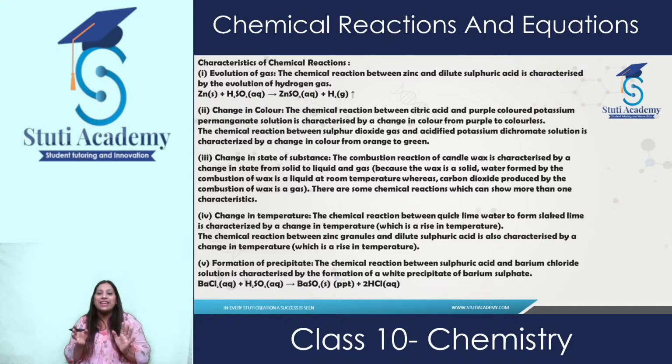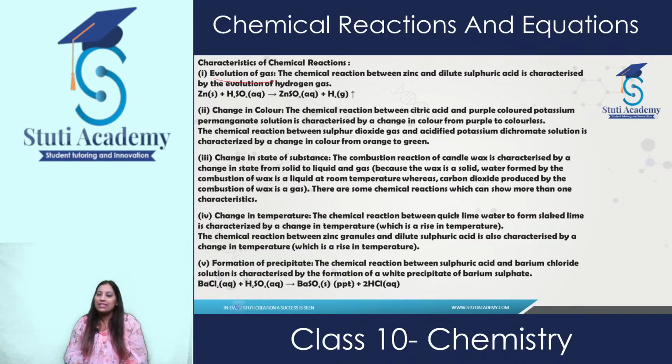Now, when a chemical reaction takes place, we observe some changes. And what are those changes? What is the sequence of events that occurs when a chemical reaction takes place? First is evolution of gas.